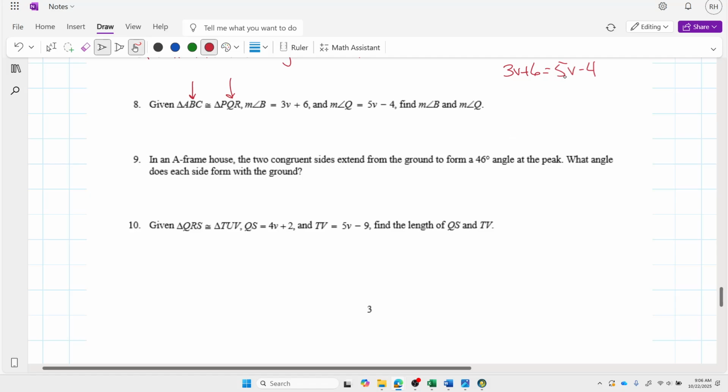So solve for V, and then we can substitute it to find the angle measures. So subtract 3V from each side. And 6 is equal to 2V minus 4. Add 4 to each side. And 10 equals 2V. And then divide each side by 2.